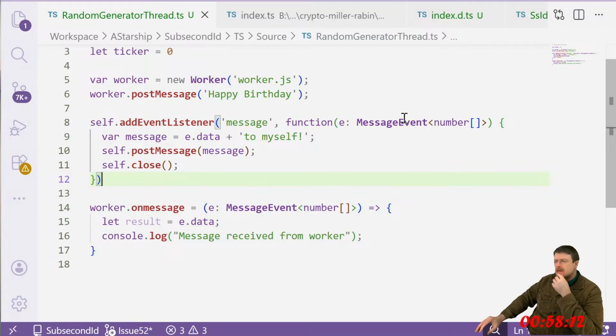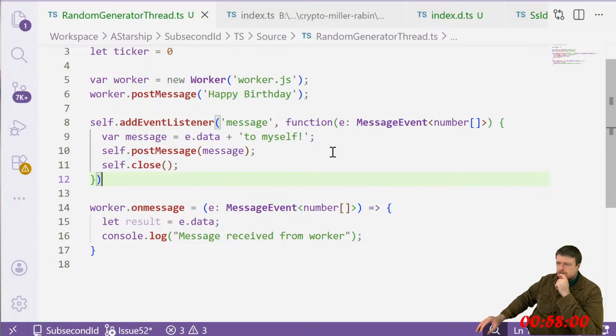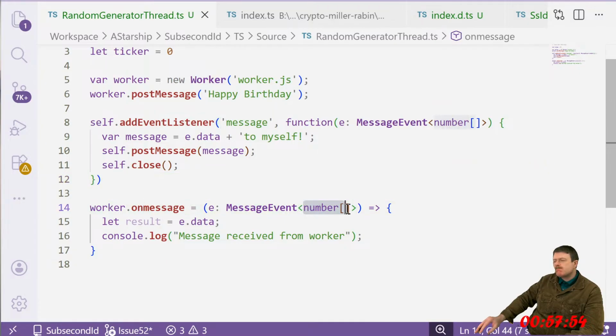The question is, what's going to work better, a number array or a big int? All right, I don't know.